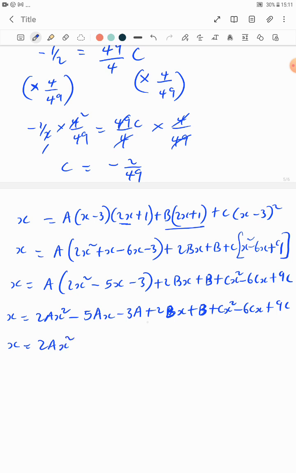2ax squared, another term in x squared is this, plus cx squared. Now the terms in x: minus 5ax, another one, plus 2bx, another one that contains x, minus 6cx. Now it remains those that do not have x, which are constants for us.